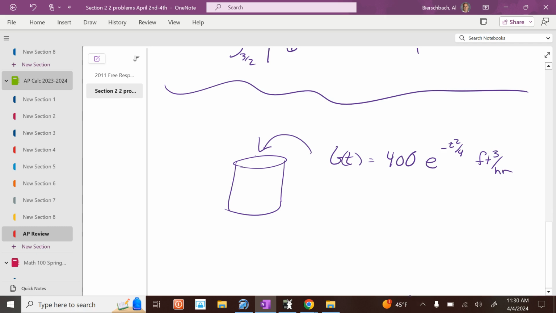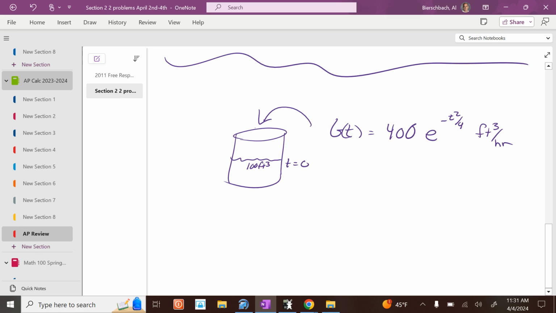Grain is coming out of the silo. At that time, there's 100 cubic feet at time equals 0 in the silo. Grain is being removed at the rates in the chart.